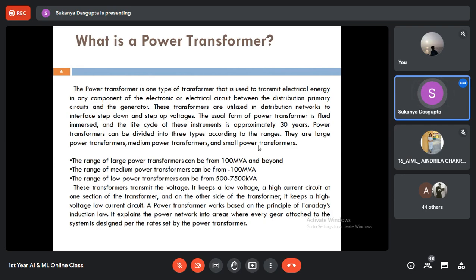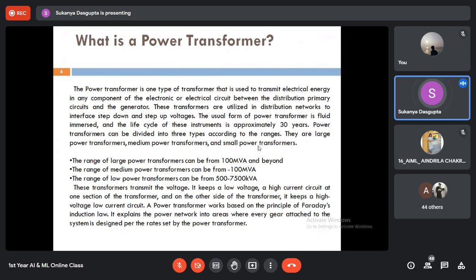Next are the medium power transformers, whose range can be from 100 MVA. And the third one is the low power transformer. Small power transformers can be from 500 to 7500 kVA.